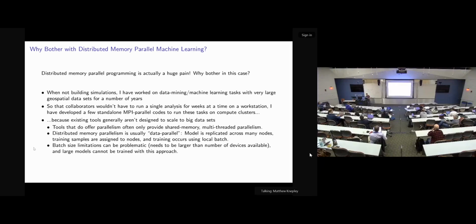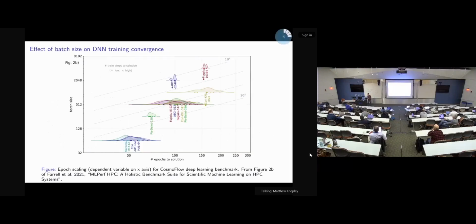The other thing is these batch size limitations can actually be pretty problematic, because you need a large enough batch size to match the number of parallel devices you're trying to keep available, and really large models still can't be trained with this approach. I like this figure that I think Jed Brown first introduced to me from this 2021 paper on the MLPerf HPC benchmark, where they were running a deep learning benchmark on a bunch of the big computers at the time.